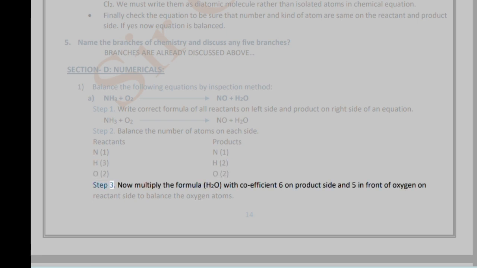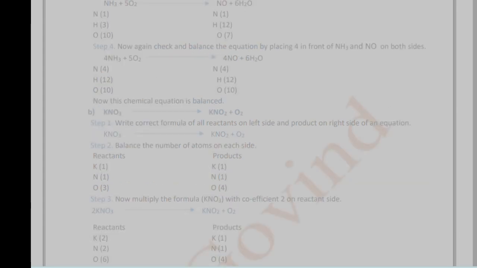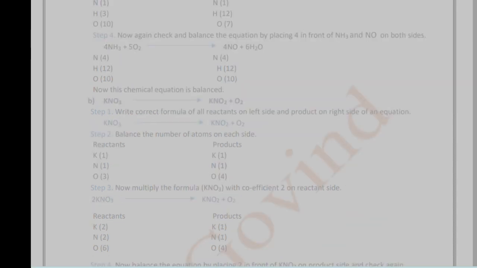Step 3. Now multiply the formula H2O with coefficient 6 on the product side and 5 in front of oxygen on the reactant side to balance the oxygen atoms. NH3 plus 5O2 gives NO plus 6H2O: N 1, N 1, H 3, H 12, O 10, O 7.